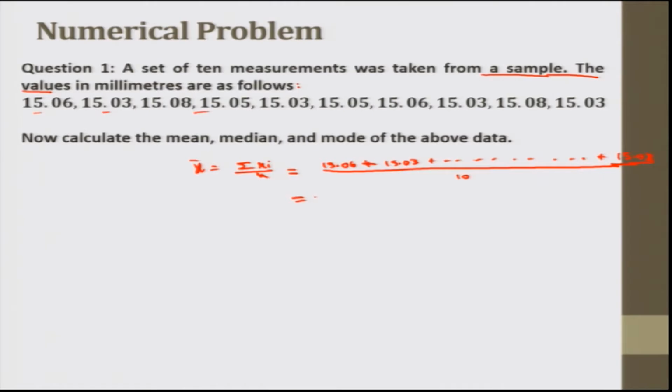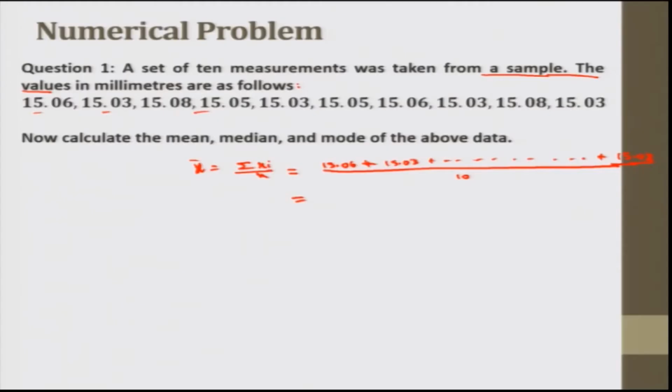Actually, all the values are greater than 15. The interesting thing here is that the values are 15.06, 15.03. If I take the mean of the values after the decimal places and then take 15 into account, that can also solve it.